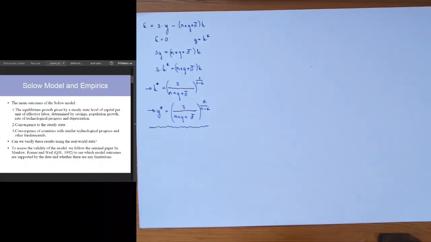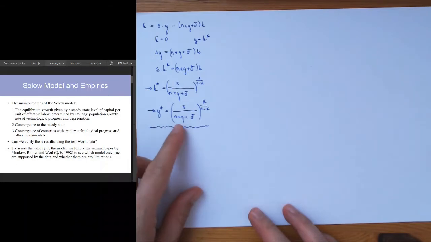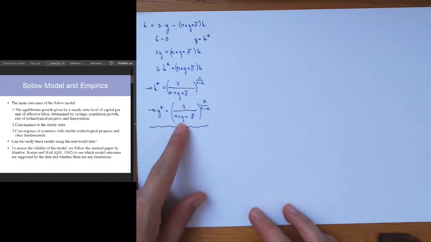And if we have this kind of prediction of our theoretical model, then our main task is whether the actual output of countries over the world really corresponds to the output which is predicted by the Solow growth model, in particular by this key equation.